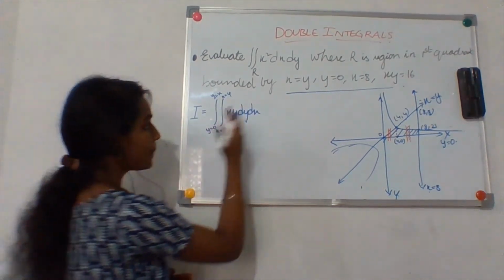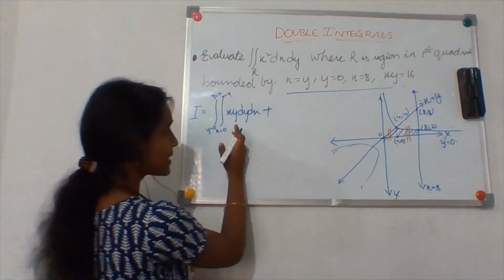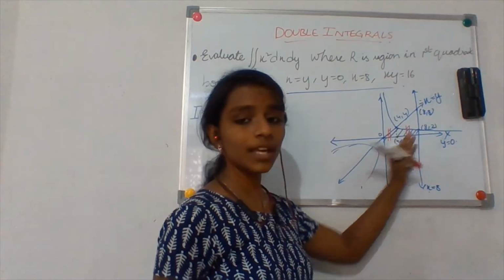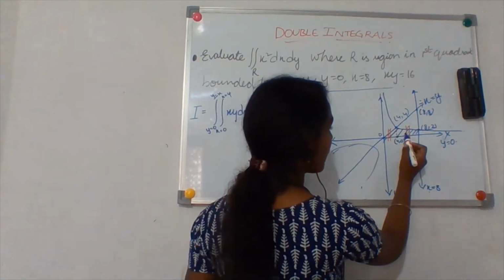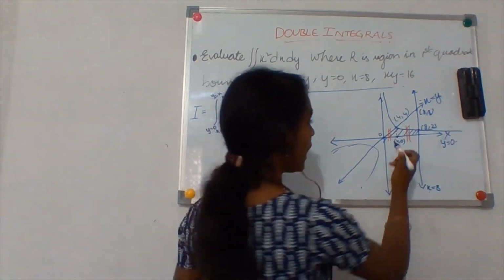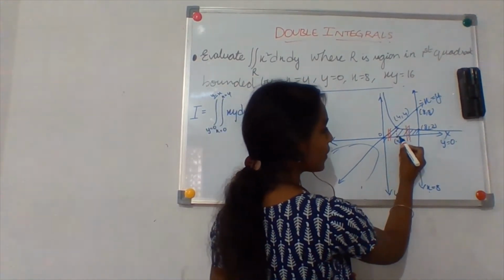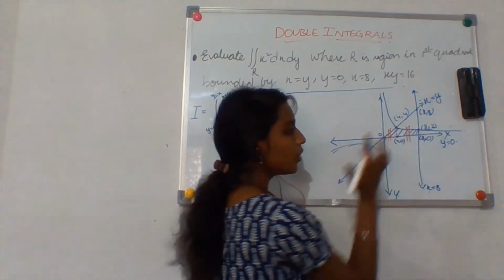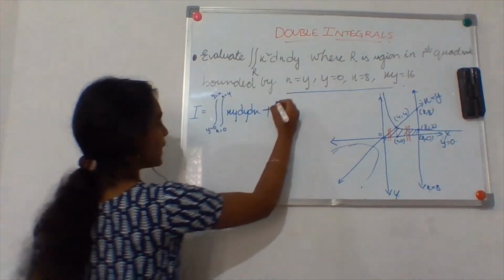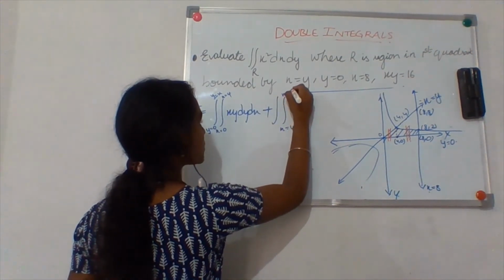So plus, that is this part, and that is this part. And now we have to look into the second part also. And now what are we going to do in the second part? How is this varying with respect to the x-axis? The strip is varying from 0 to, this is 8 comma 0, so 4 to 8. Plus the integral of x equals 4 to x equals 8.